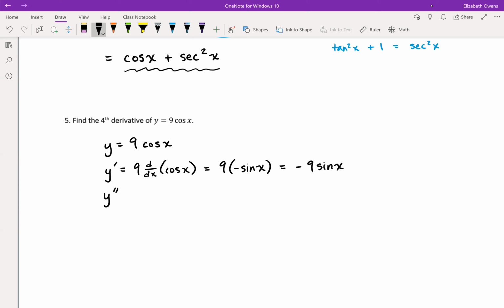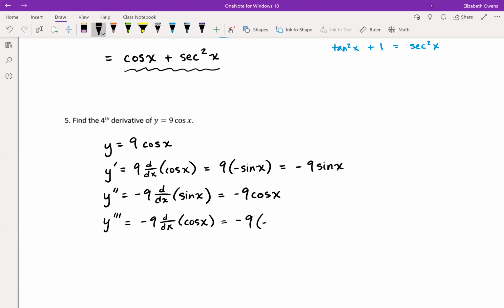Okay, do it again. Second derivative, same idea, negative 9 times the derivative of sine x. That'd be negative 9 times cosine x. That's our second derivative. And do it again. Negative 9 times the derivative of cosine x. Very exciting.